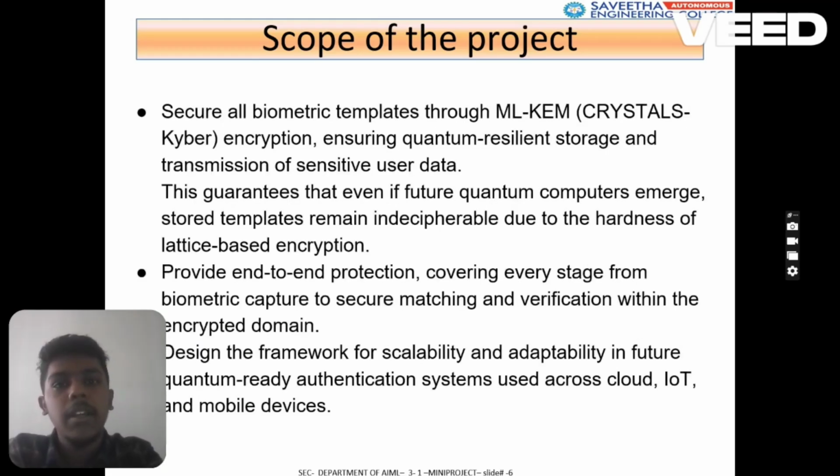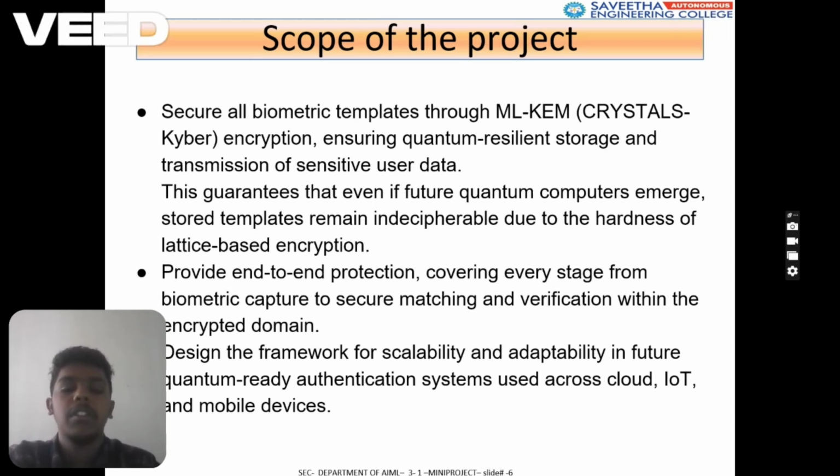ML-KEM is used to secure all the templates for encryption, ensuring quantum resilient storage and transmission of sensitive user data. This provides end-to-end protection, covering every stage from biometric capture to secure matching and verification within the encrypted domain.